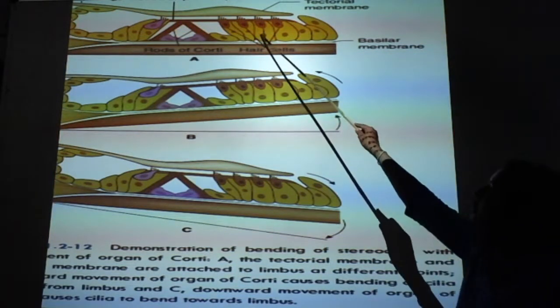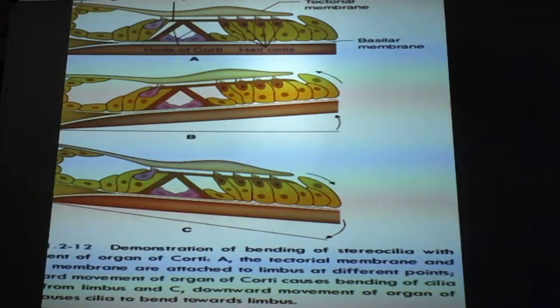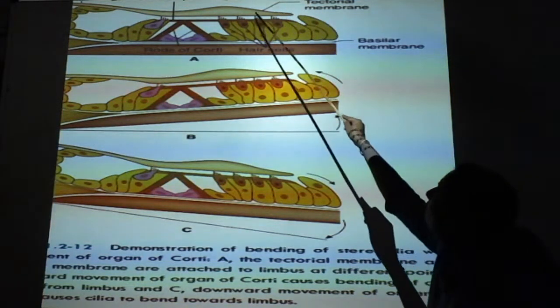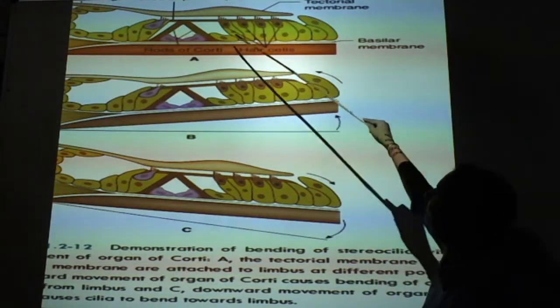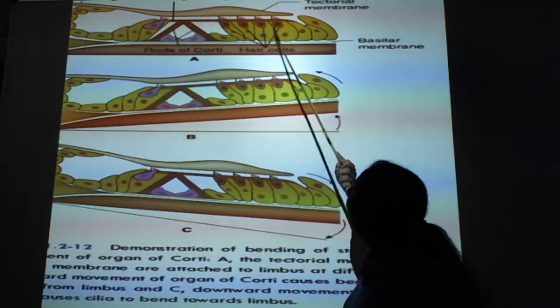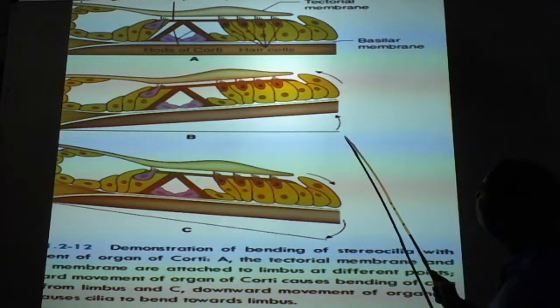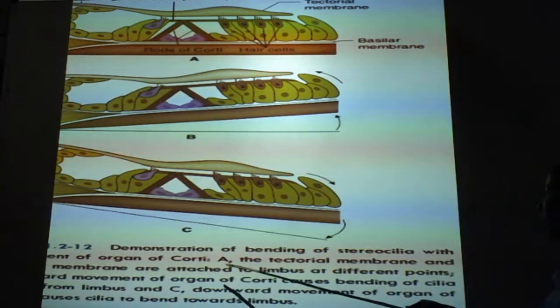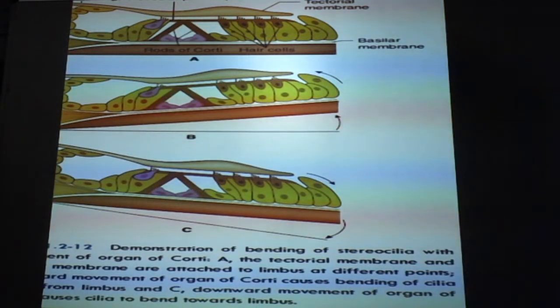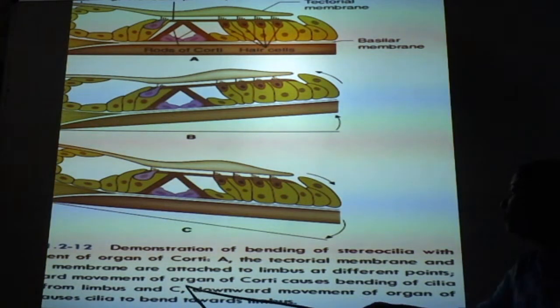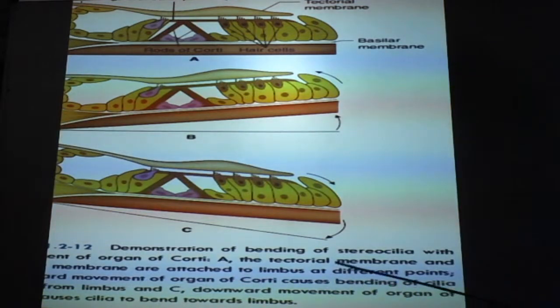See here, first we come to diagram A. The tectorial membrane and the basilar membrane are attached to the limbus at different parts. This is the tectorial membrane and this is the basilar membrane, and you have the rods of the organ of Corti and the inner hair cell. Now in B, the upward movement of the organ of Corti causes bending of the cilia away from the limbus.